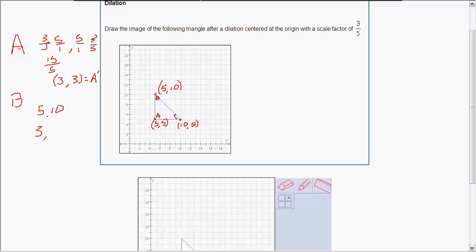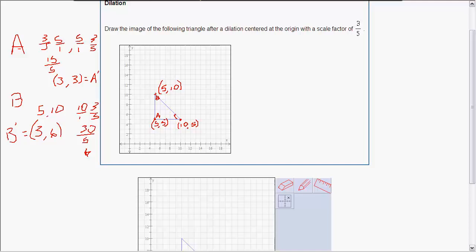So 3 is going to be my new x, and 10, well, 10 over 1 times 3/5. 10 times 3 is 30. 30 over 5, I get 6. So my new ordered pair is 3, comma 6. That is going to equal B prime.